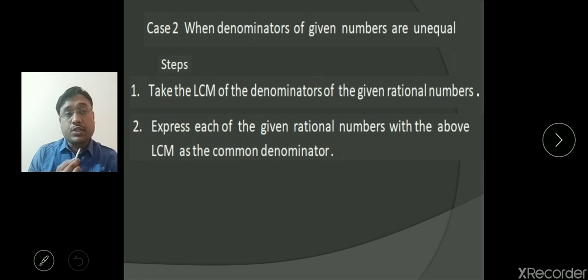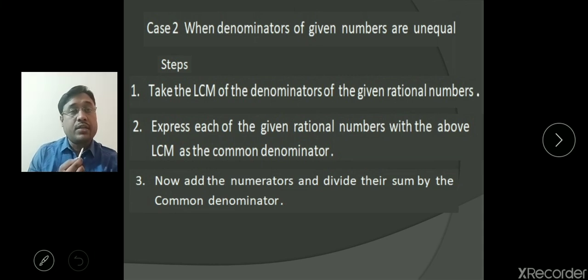Then add the numerators and divide their sum by the common denominator. After converting into equivalent forms where the denominator is the common LCM, you only have to add their numerators and divide the sum by the common denominator, as you did in case 1.